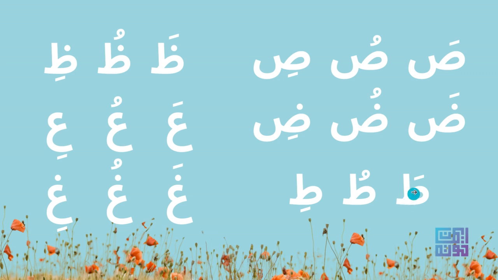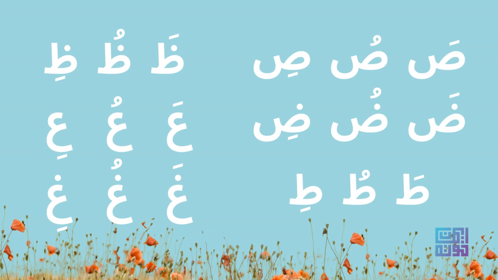Those 4 letters that share the same shape are elevated letters, meaning that the mouth is filled with their sound. So we say sa. If we don't do this, it's going to be a sa, like the sin. So each one of them has an equivalent letter that does not fill the mouth.